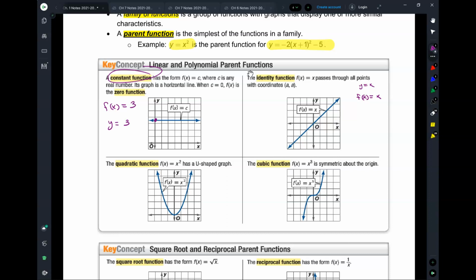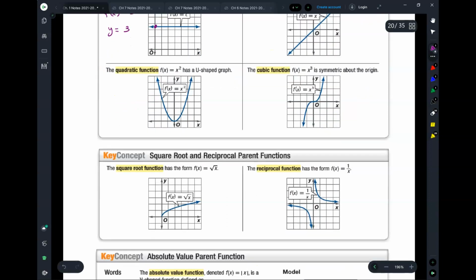Those are the other members in that family. Okay, we talked about a quadratic function, y equals x squared. All of their graphs will look like a parabola. A cubic function is y equals x cubed.